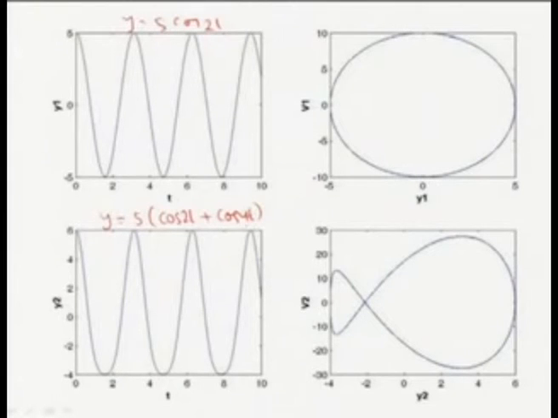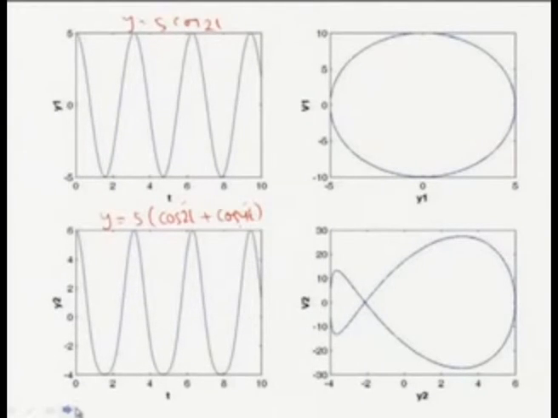One can find the time period of this, and it shows the response to be periodic. In case of the phase portrait, due to the presence of these two frequencies, one can find two loops. One loop corresponds to the frequency 2 and the other loop corresponds to the frequency 4.